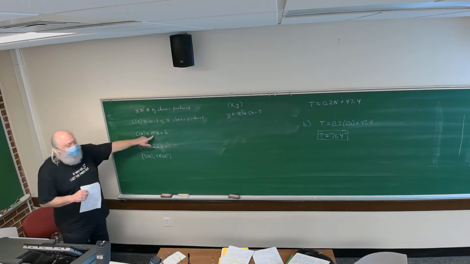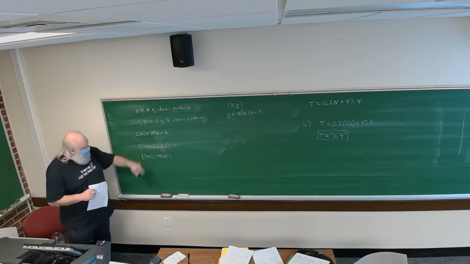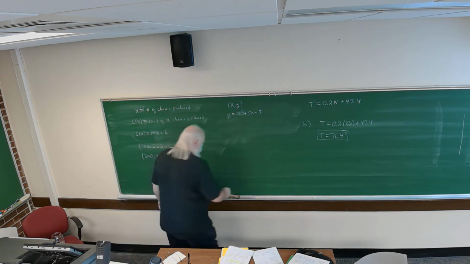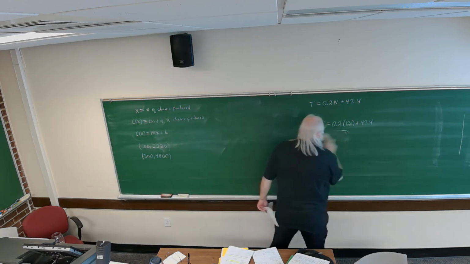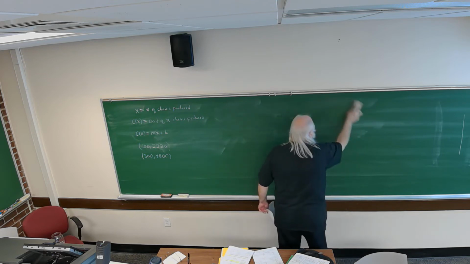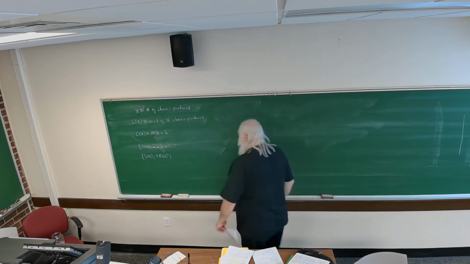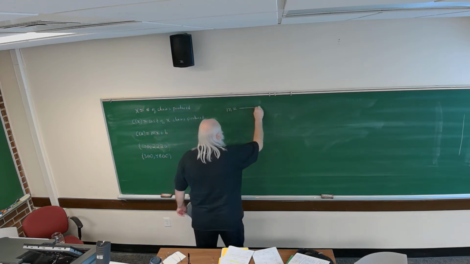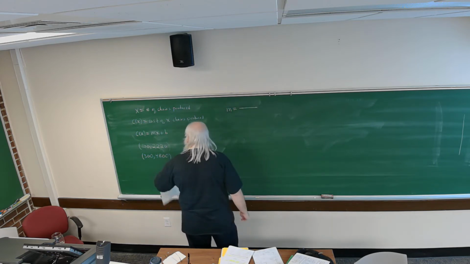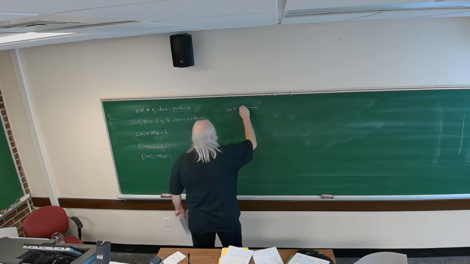And that'll give us our m. So m, the slope, is the change in y over the change in x.